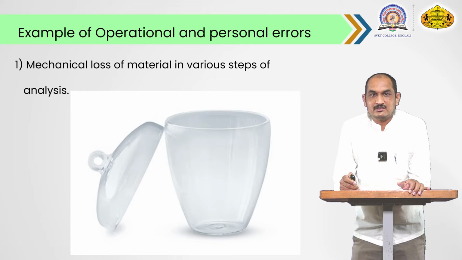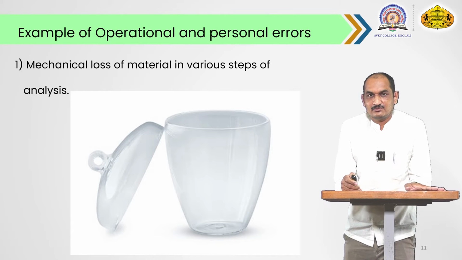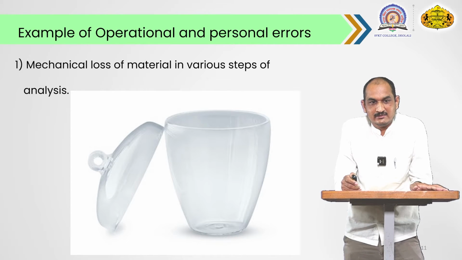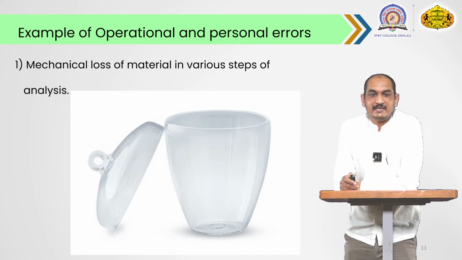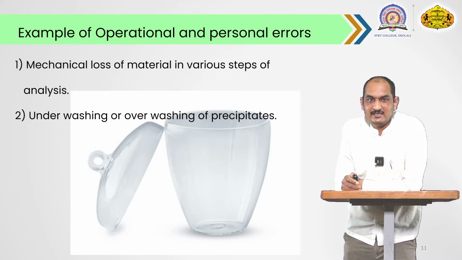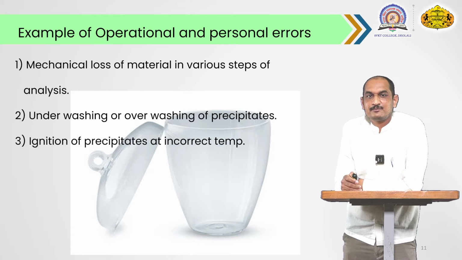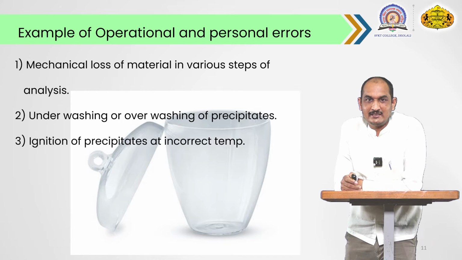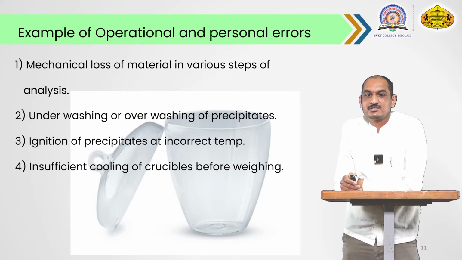There are some examples of operational and personal errors. The first example is the mechanical loss of material in various steps of analysis. The second example is underwashing or overwashing of precipitates. Another example is the ignition of precipitate at an incorrect temperature.